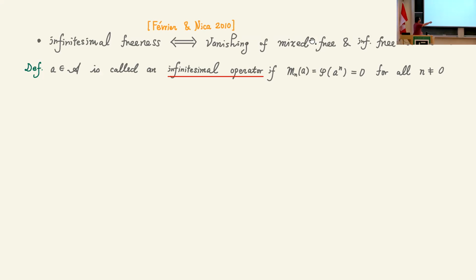So we assume all the moments vanish, but we don't have any other assumption for phi prime, so phi prime can be non-trivial. This kind of operator we call an infinitesimal operator. You can imagine that in a matrix model, it can be understood as a finite rank matrix. When you consider the limiting behavior, it will be killed by the normalization.